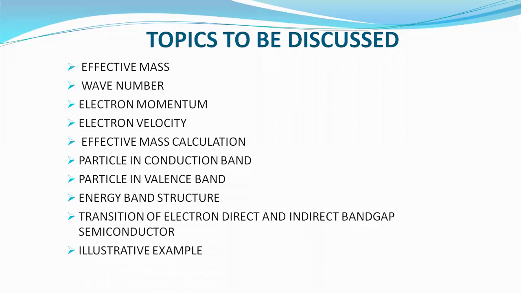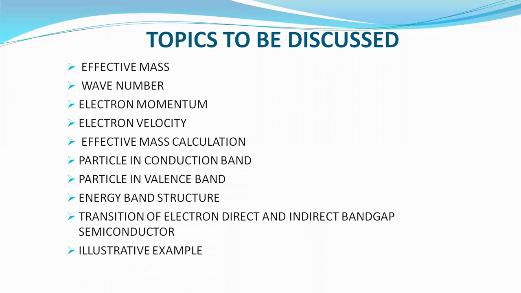Then we will discuss wave number, spatial wave, then the momentum of the electron, which we will calculate, then velocity of electron, effective mass calculation, then particle in conduction band, particle in valence band, and particle in transition.